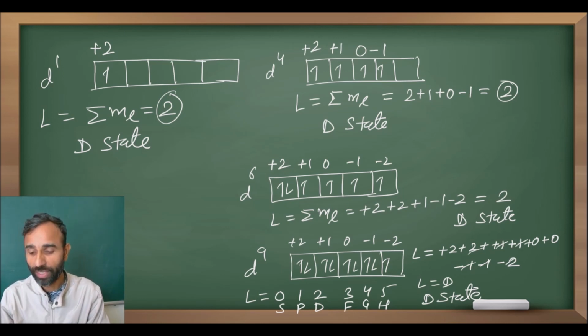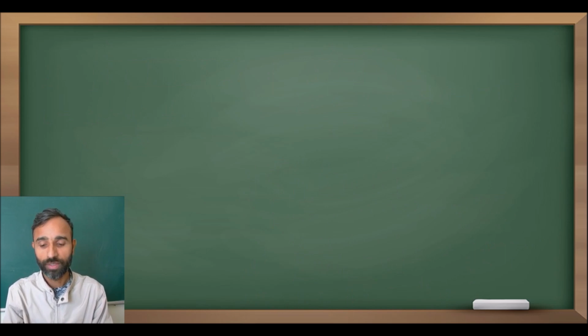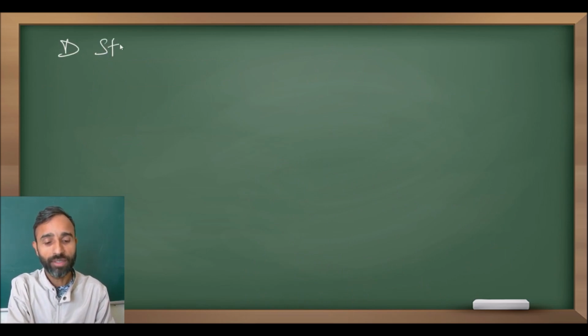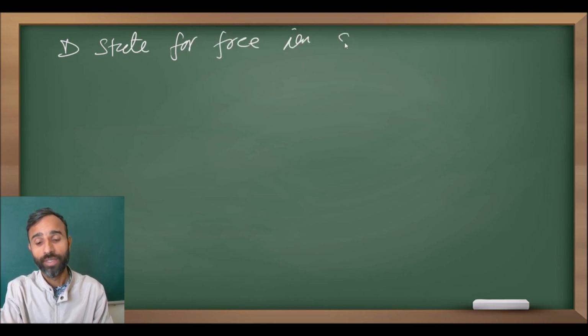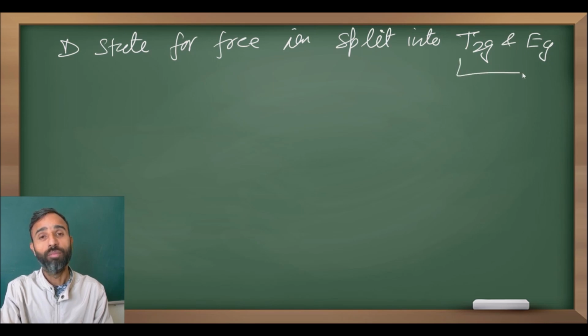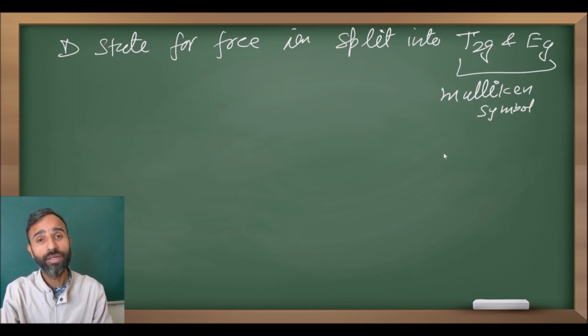And you know, the D state for a free ion splits into T2G and EG Mulliken symbols in complexes.